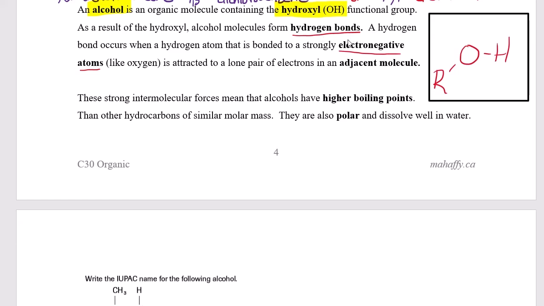And remember from chemistry 20 that hydrogen bonding can happen when a hydrogen atom is bonded to a very, very electronegative atom like oxygen or nitrogen or fluorine, which strips away the electrons from the hydrogen, right?